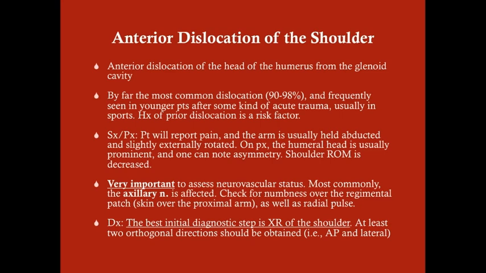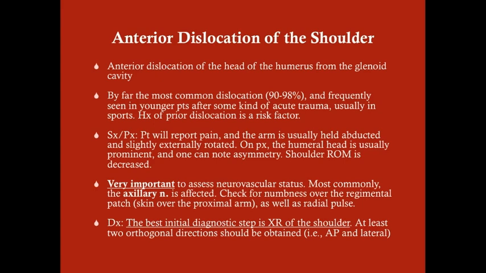So this is the most common dislocation, and frequently you see this in younger patients, and the reason is because in order to get a dislocation of the shoulder, the ligaments have to have a good amount of give to them, or you have to have enough trauma to force the shoulder into that position. And remember, in younger patients, they have a greater degree of ligamentous laxity.